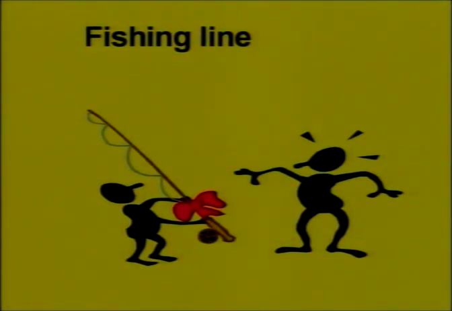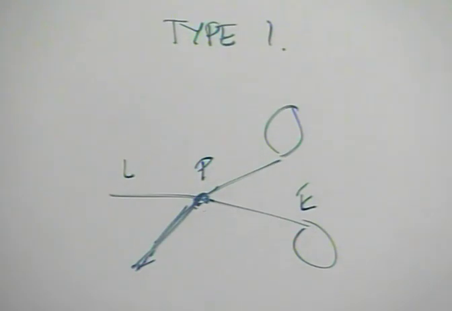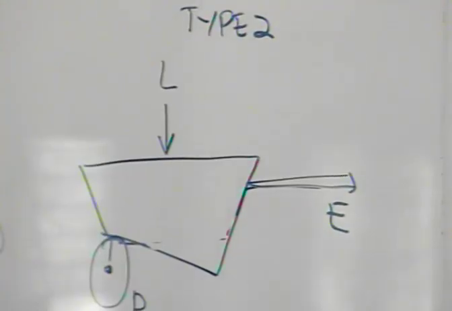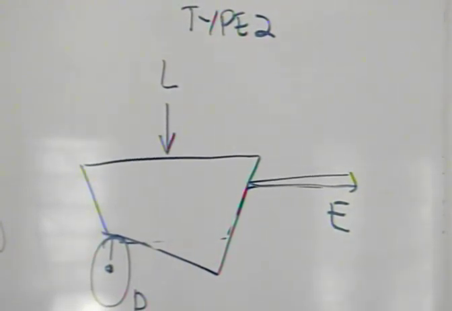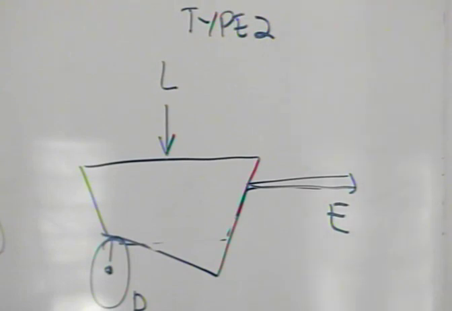Just like this, if you decide to stand at the fishing line, then you are turning it. All right, type 2.